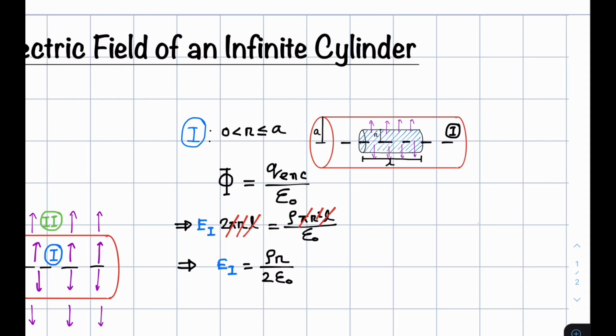And this is the magnitude of the electric field at any point inside the cylinder. And what about the direction? Well, it acts along the vector r. So for the electric field vector, we have to include a unit vector r hat here.